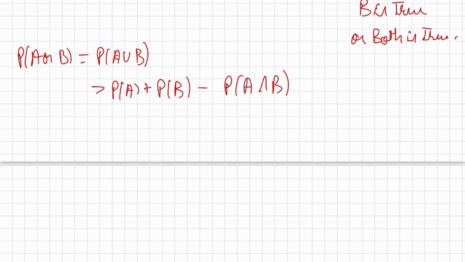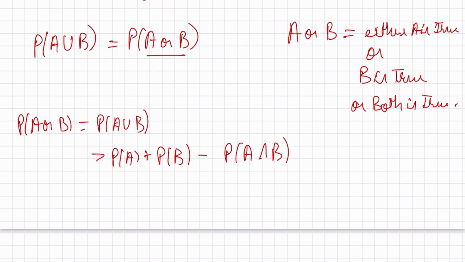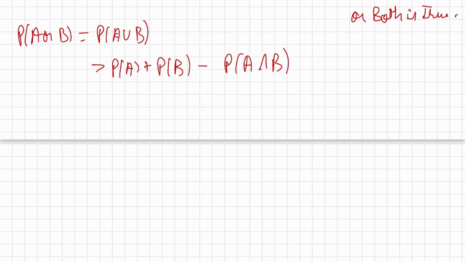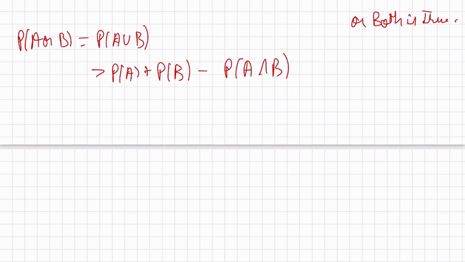Okay, I'm assuming these are fair coins. So the probability of heads on a given fair coin is going to be half, and because both are fair, it's going to be half for coin B as well. But A intersection B means that you get heads on both the coins, a head-head situation.